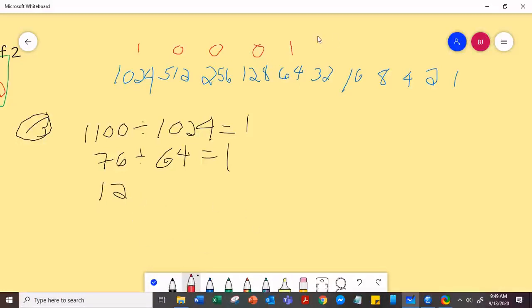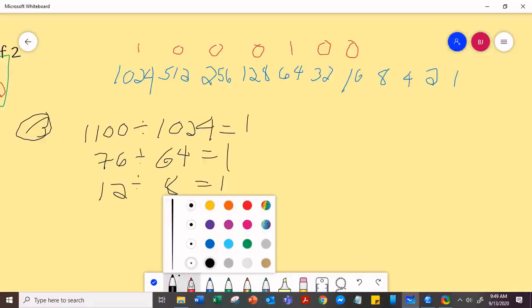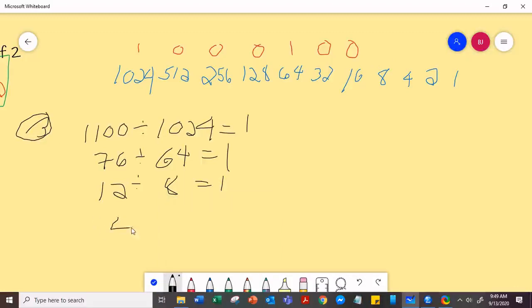Okay. So we can't use 32 and 16, but we can use 8. As a divisor, we get 1, and a remainder of 4.